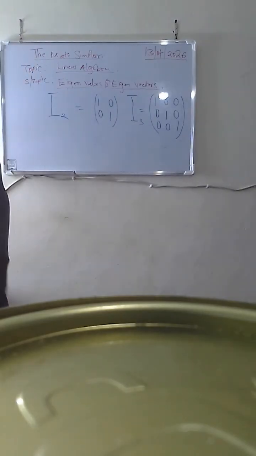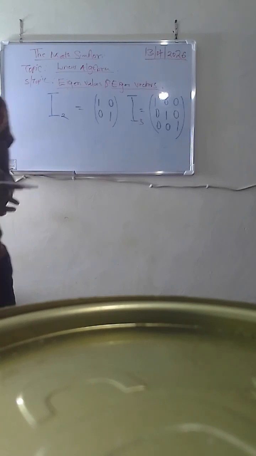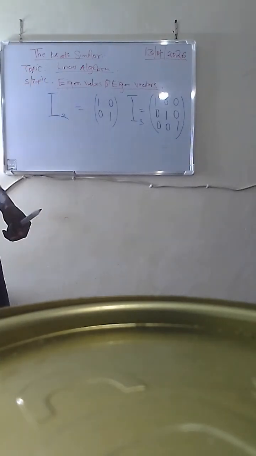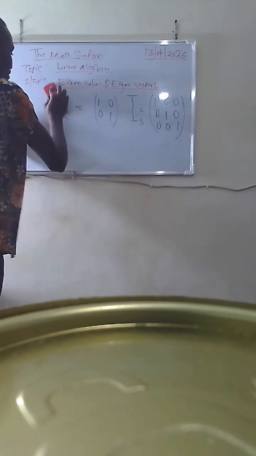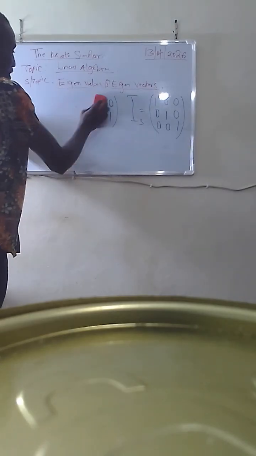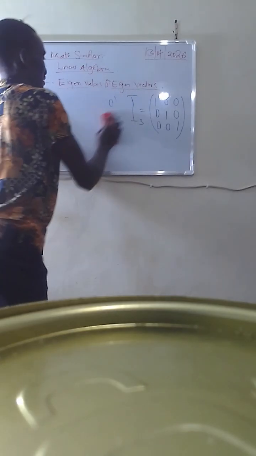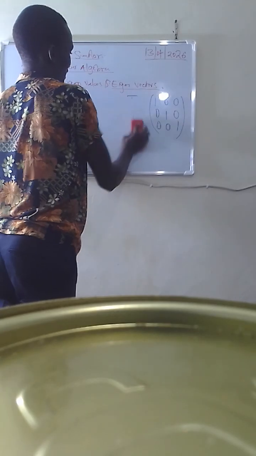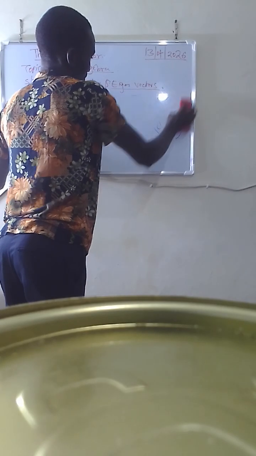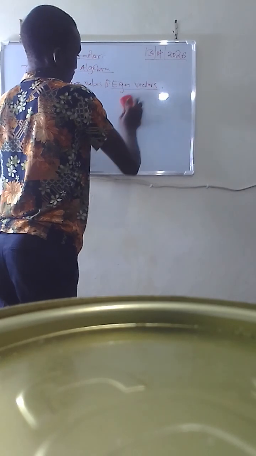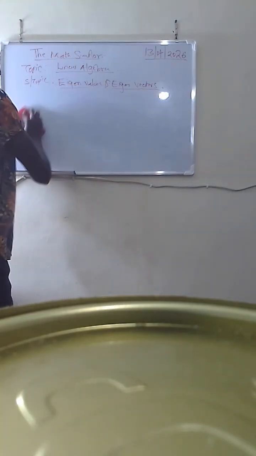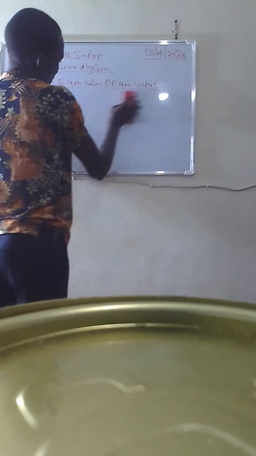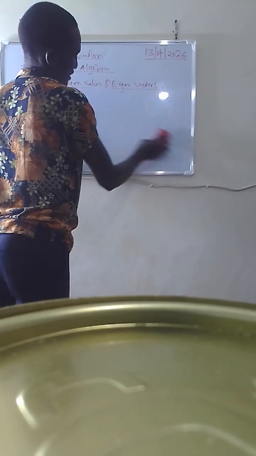So when we want to find the eigenvalues of a matrix, let's take an example of a 2 by 2 matrix whose entries are just letters. We move from general to specific. We first take a matrix whose entries are just letters.